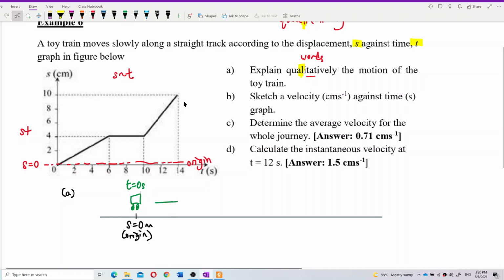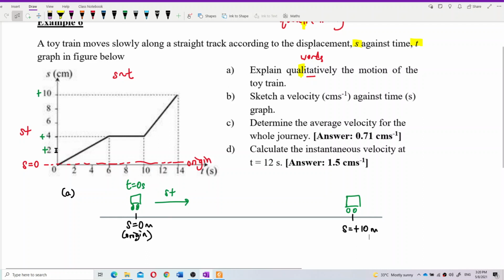It moves to the right. Displacement is positive because all of these are positive values, up to positive 10. So it moved to the right hand side of the origin, up to 10 meter here. This is roughly what I said.